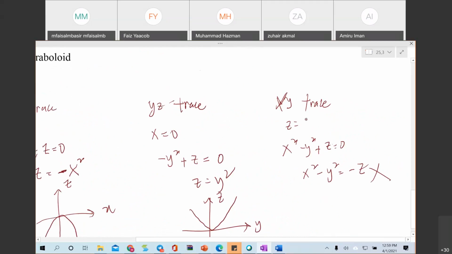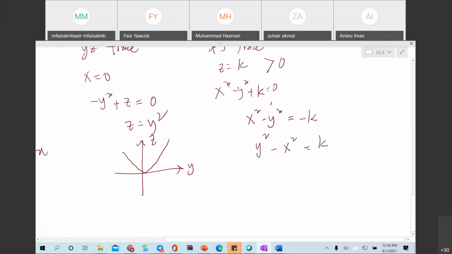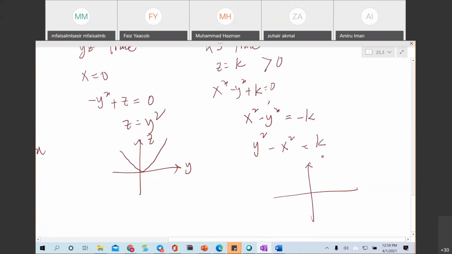So I have to let Z equals to K. Okay, so this will be K. It must be always 0. Equals to negative K. Times negative everything will be get K. So this is just a parabola, right?